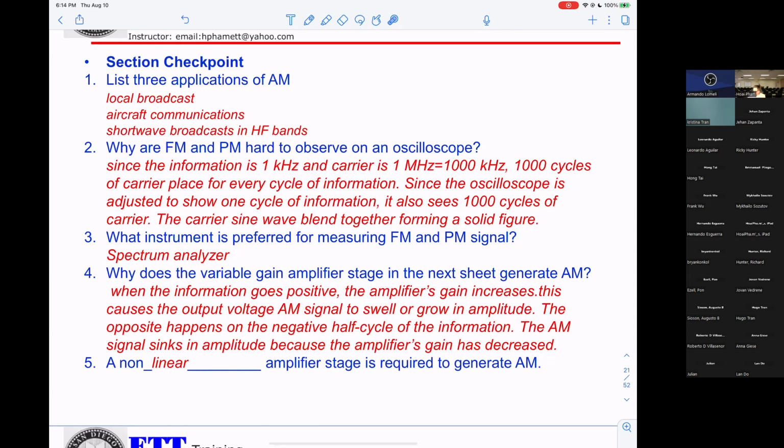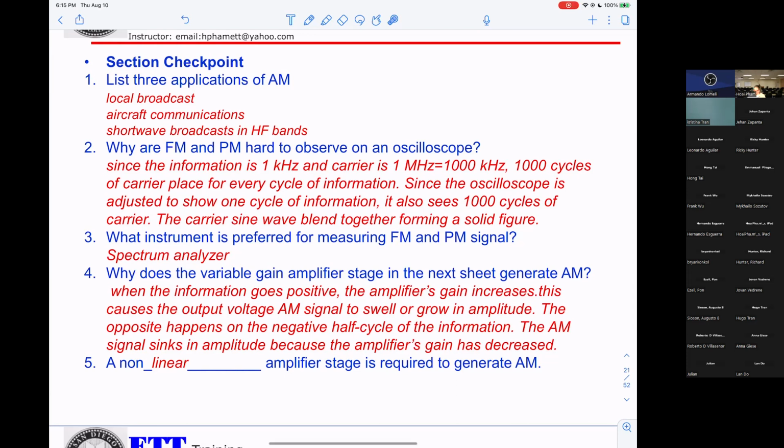Why does the variable gain amplifier stage in the next generate AM? When the information goes positive, the amplifier gain increases. This causes the output voltage of the AM signal to swell or grow in amplitude.